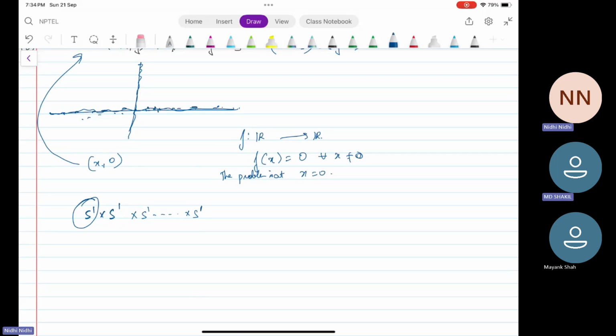So you're looking at two functions f1 and f2.